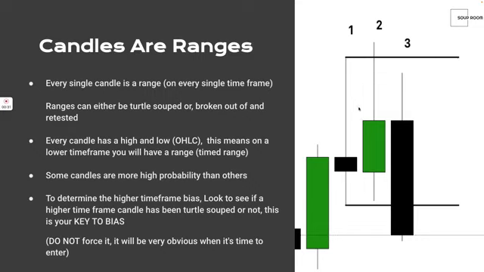Candle 1, candle 2, and candle 3. Every single candle is a range on every single time frame. Time is fractal in nature. Ranges can either be turtle souped or broken out of and retested.